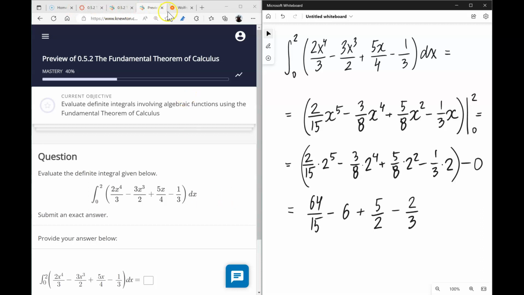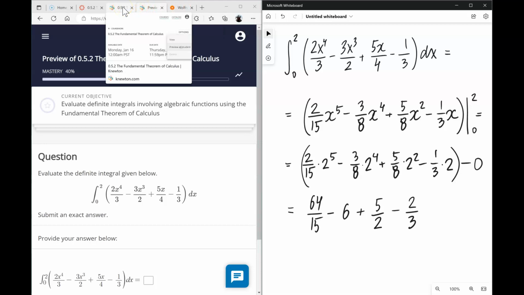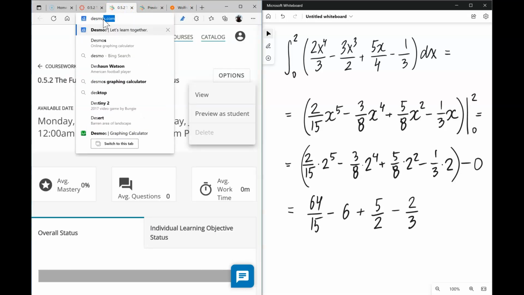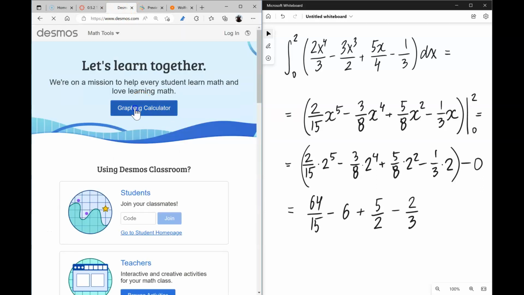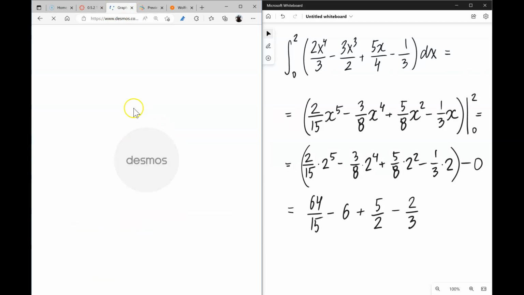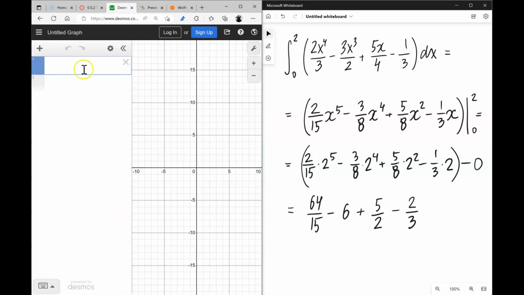So I don't know about you, but I would honestly prefer to plug this into Desmos, or even just plug it like this into the answer box in Newton, but I'm certainly not interested in computing this by hand.